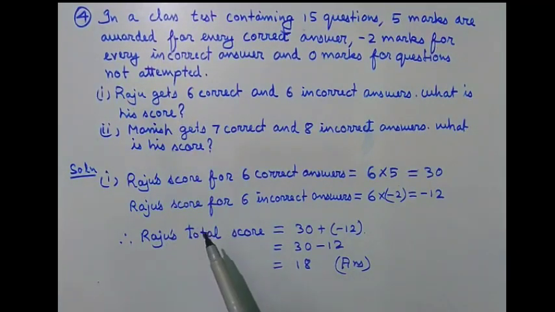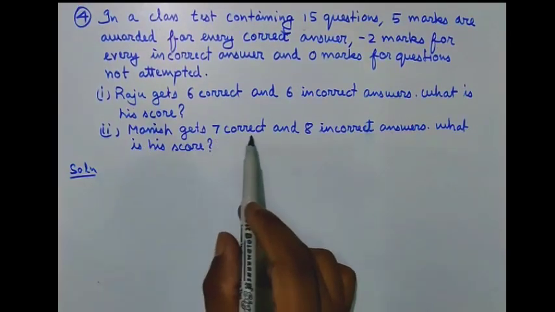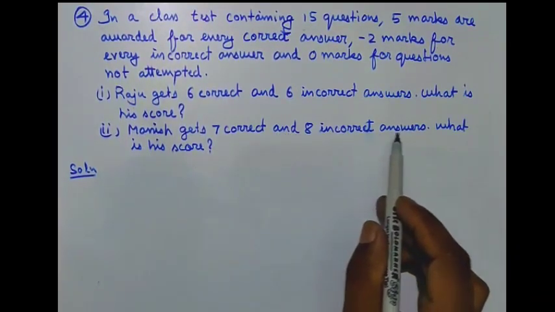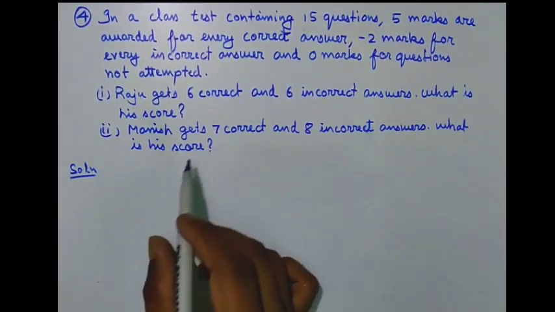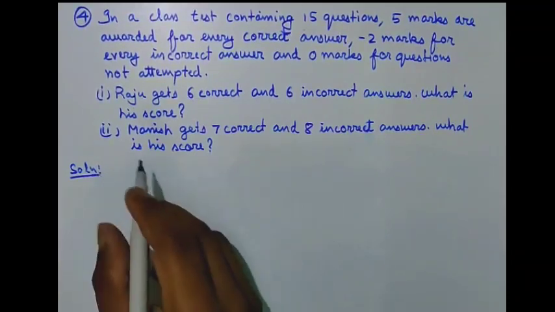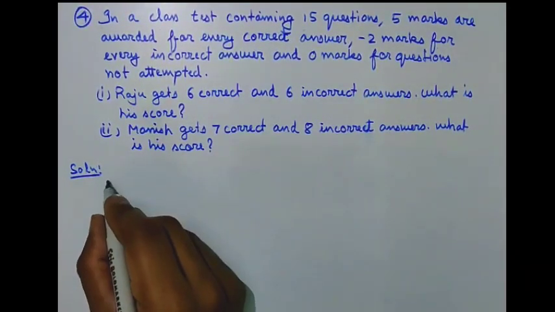Now let's go through the second question. Manish gets 7 correct and 8 incorrect answers. What is his score? Here let's find the score of Manish for 7 correct answers.